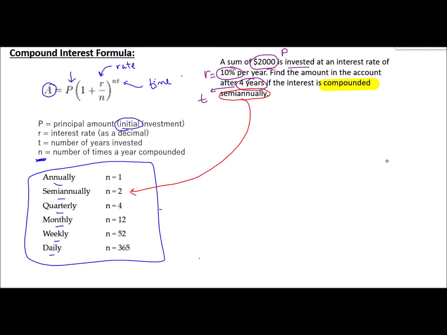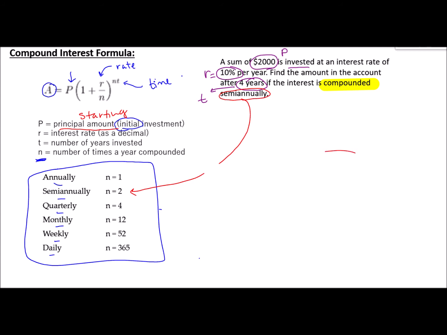So I'm going to write down what we know. We know that P, the original amount, principal amount, the starting amount, lots of different words for it. Basically, it's going to be the value they give you. Let's write everything down before we plug it into the formula.